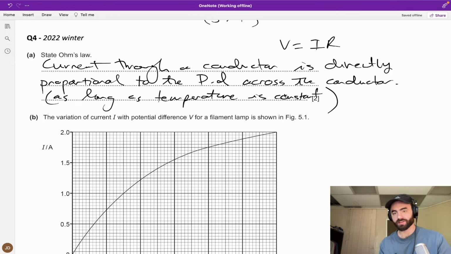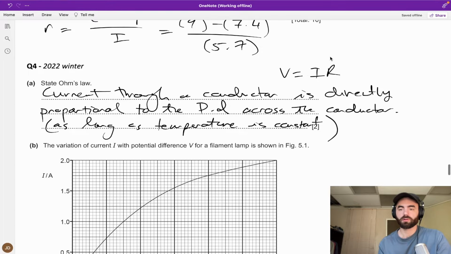If the temperature increases, like we saw, the resistance is going to increase.